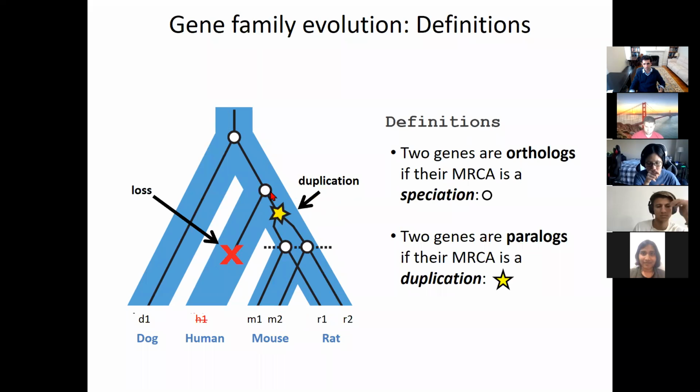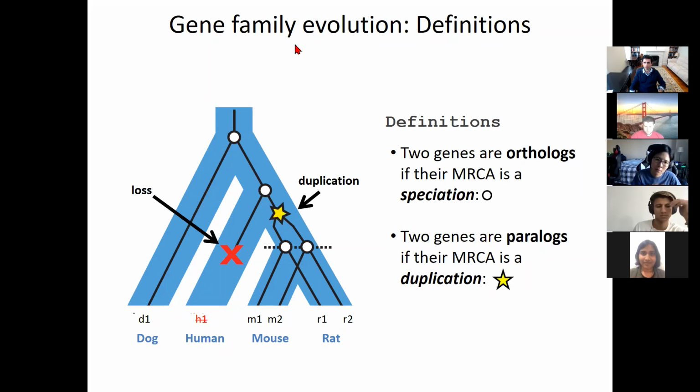Similarly, speciation events are speciating every single gene that is in that bag of genes, in that species. So every time I have a speciation between, say, the dog lineage and the human, mouse, and rat lineage, all of the genes speciate. You can't just choose not to speciate when the species separate.